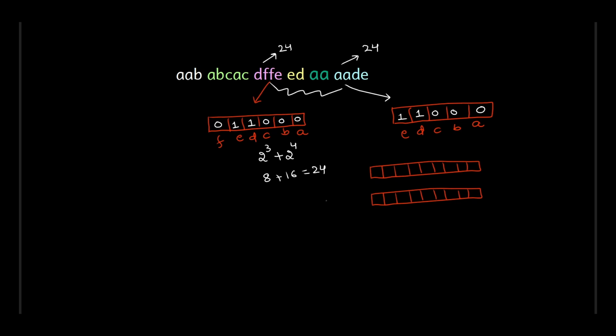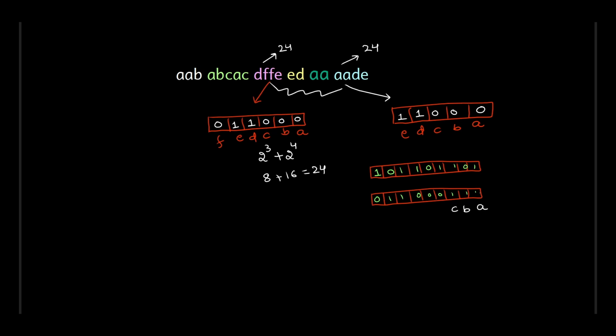Okay. And here you can see that suppose the first element had this bit mask, let's say 1 0 1 1 0 1, and the second element had the bit mask 0 1 1 0 0 0 1 1 1. Then you can notice that this is the block for A, this is the block for B, this is the block for C, and so on.